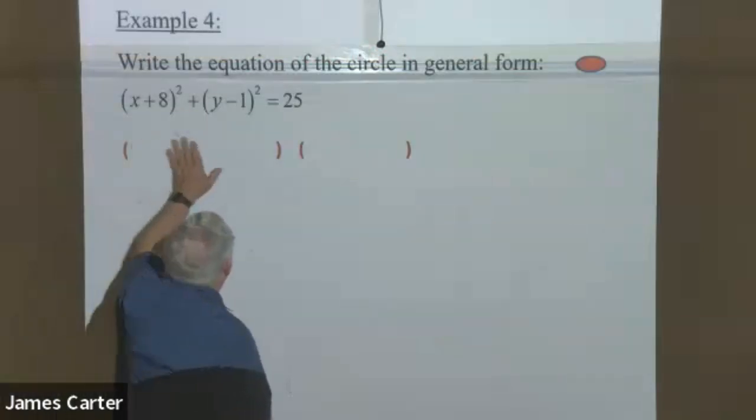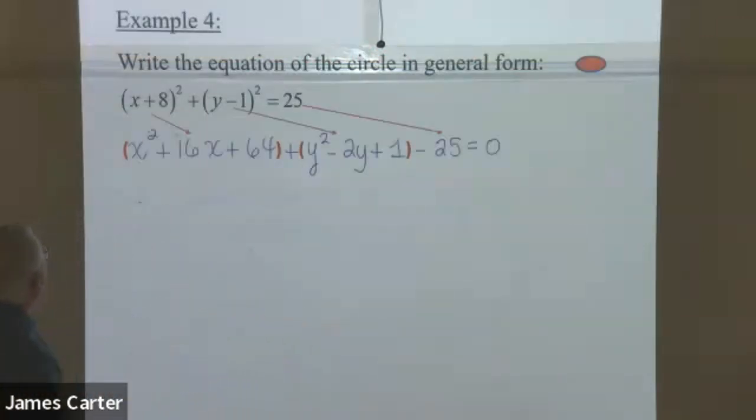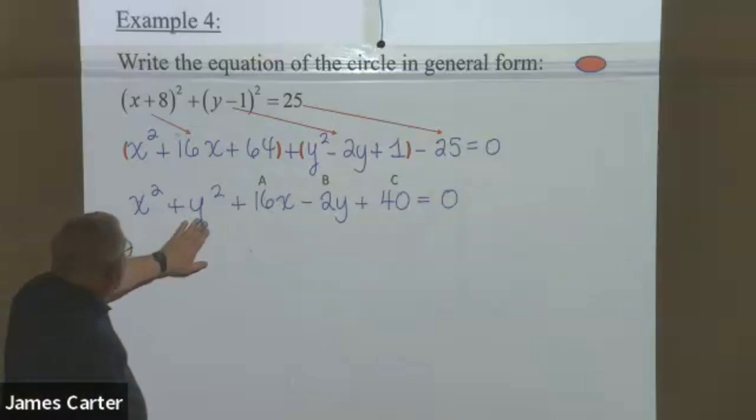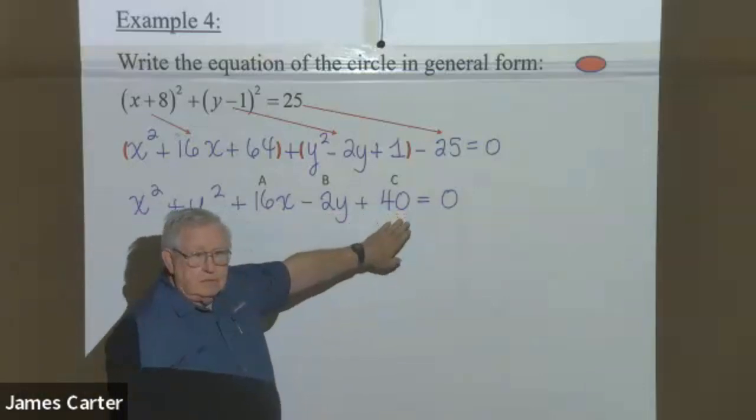Okay, here's a problem. If you square that, you get this. If you square that, you get this. If you bring down the 25, put it on the other side. And here's that general form. You notice we have all unique variable content.